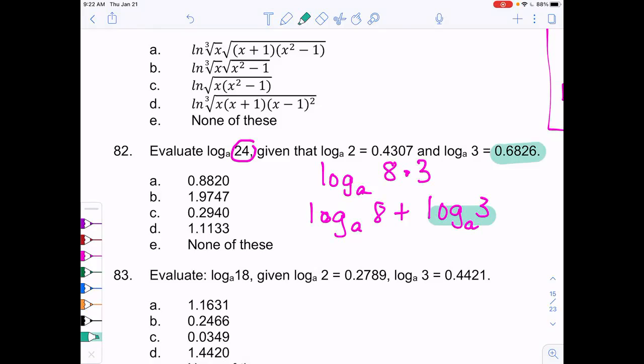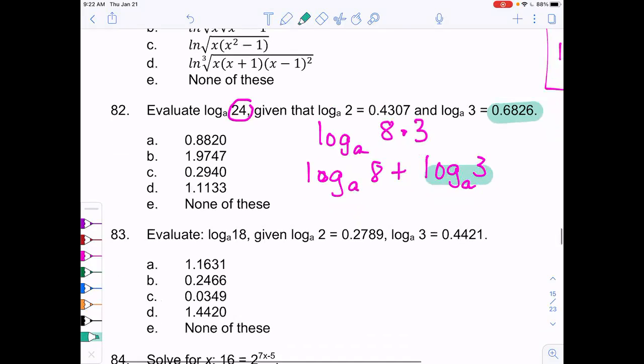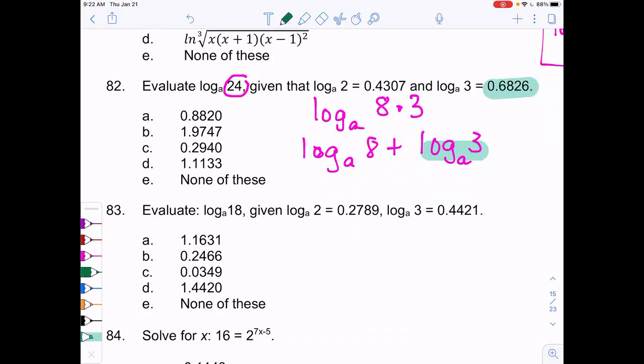If I continue to kind of break this down, what could you do with the 8? How could we write 8? Darby? So we could write it as 4 times 2. How else could you write it, Darby? Yeah, it's 2 cubed.